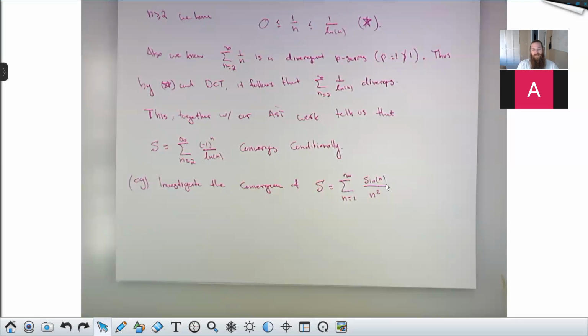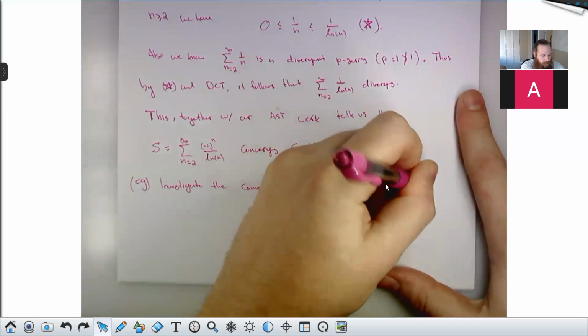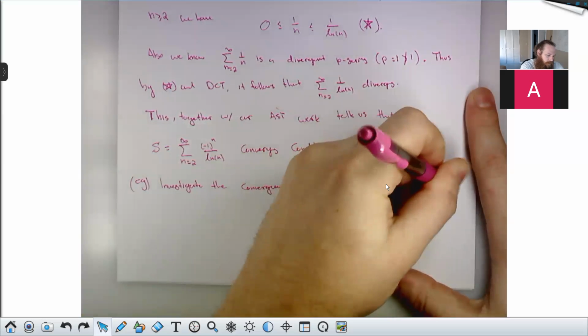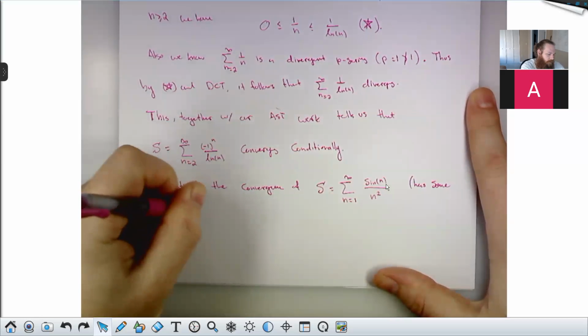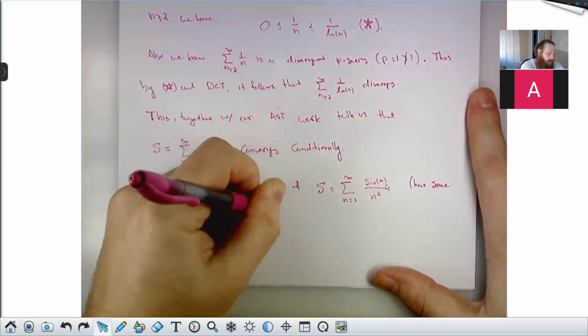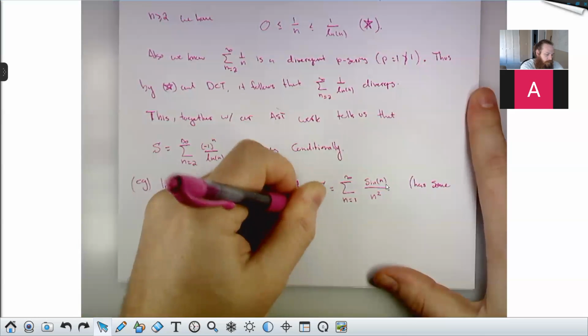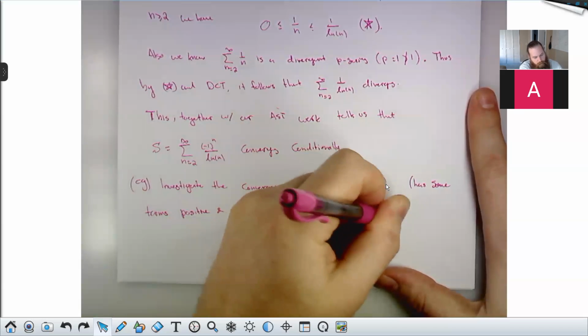So the top changes sign roughly every 4 values of n, but it's not even that clean because n is an integer and pi is irrational. This has some terms positive and some terms negative, but is not alternating.